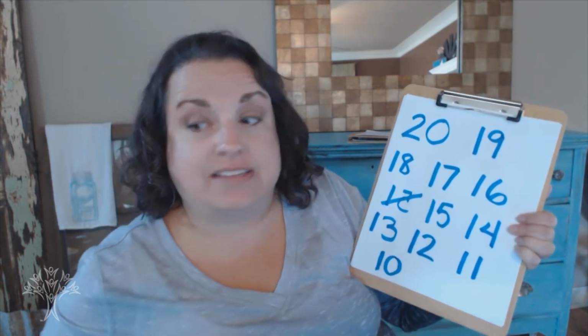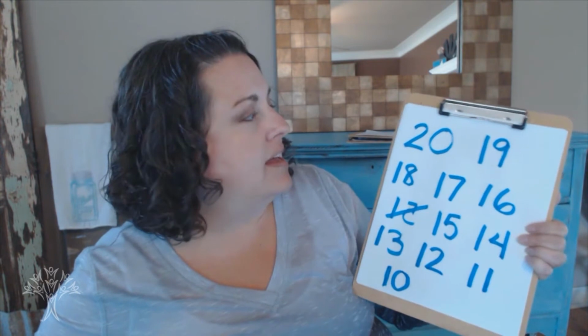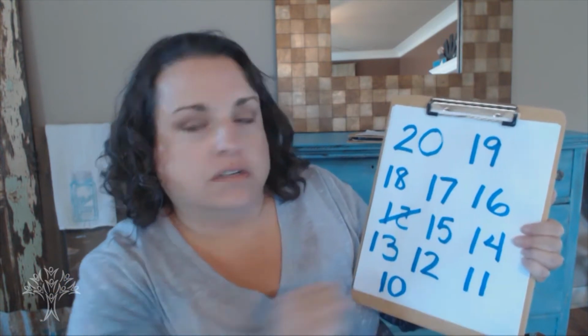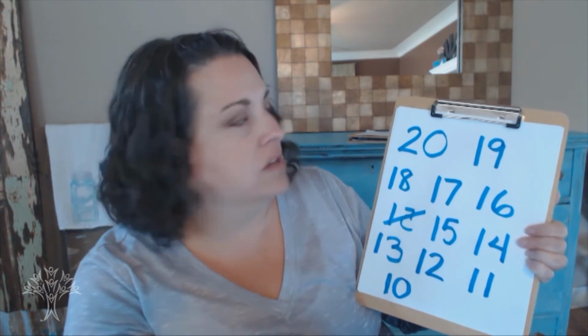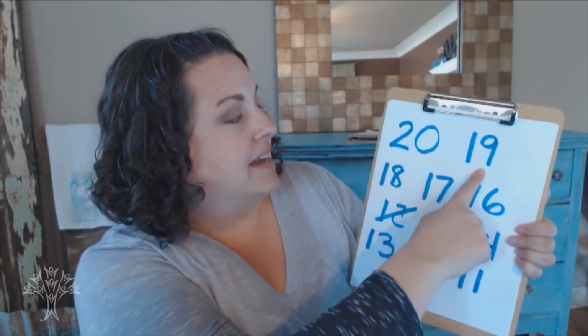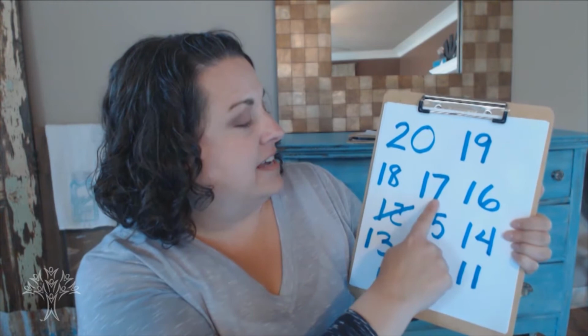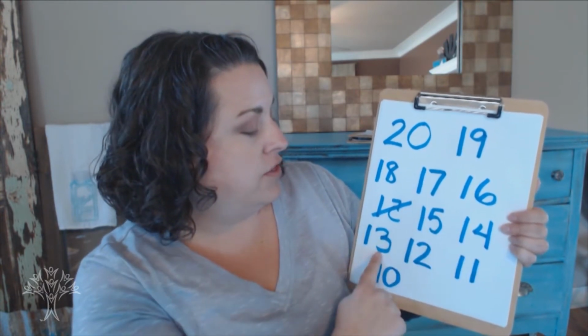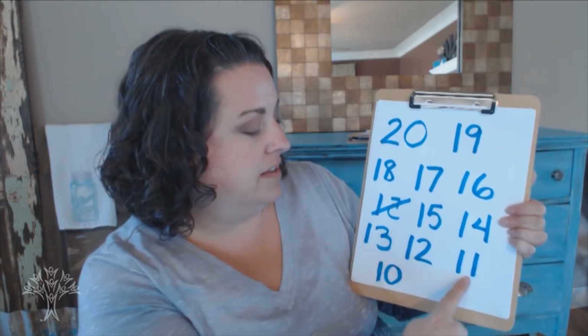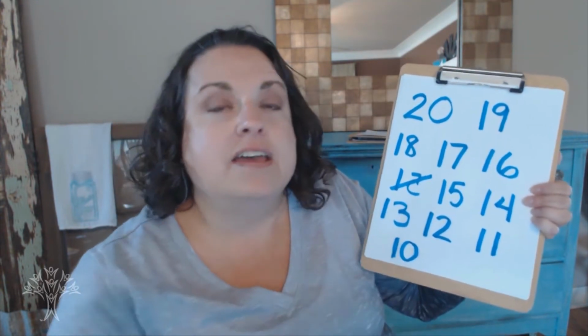Let's read our numbers that we've written. We're going to read them backwards. Starting from 20, we're going to count backwards. 20, 19, 18, 17, 16, 15, 14, 13, 12, 11, 10.